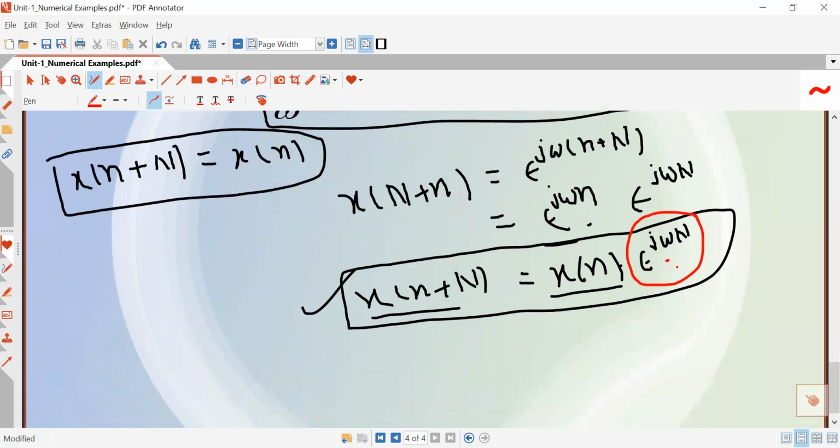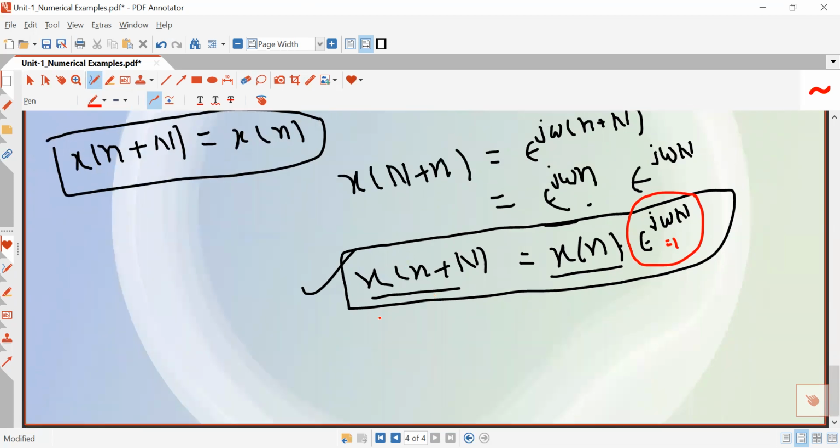When this term is equal to 1, then x[n plus N] can be written as x[n], and the signal will be a periodic signal. So for periodicity, the term e to the power j omega N must be equal to 1, or 1 can be written as e to the power j 2 pi m.